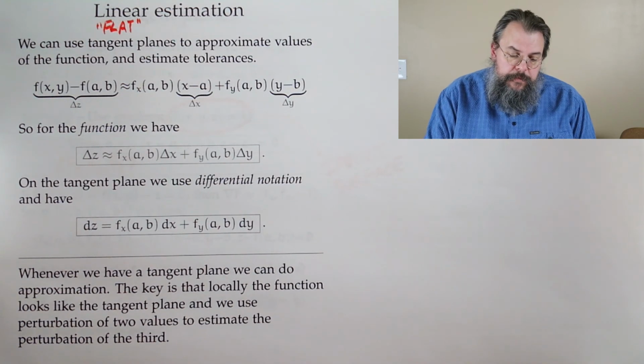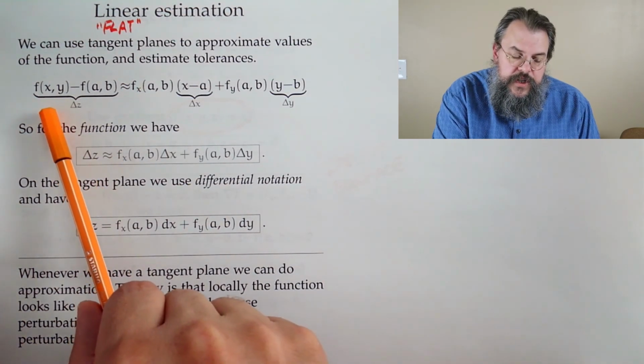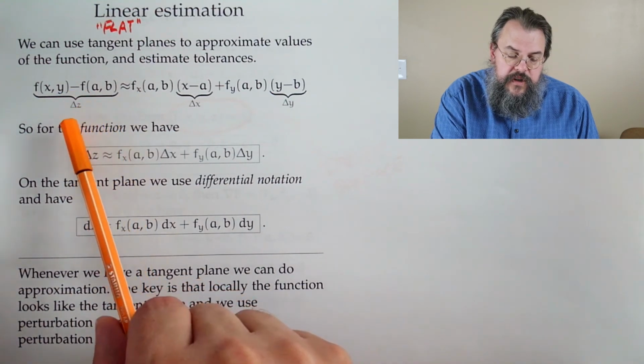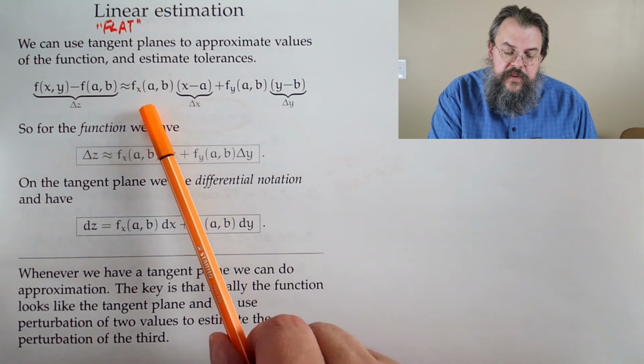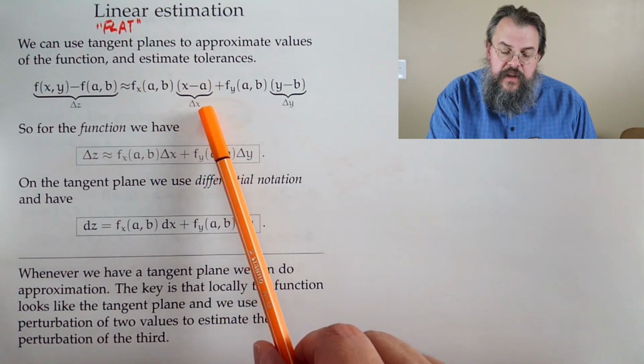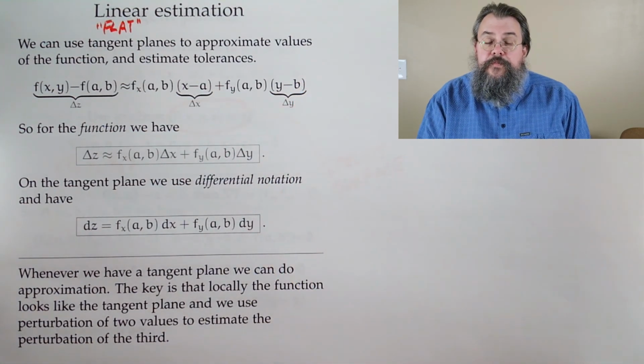So what we end up with is, look, our function minus the value at a, b, which is our change in z, is approximately f sub x at a, b times x minus a, plus f sub y at a, b times y minus b.